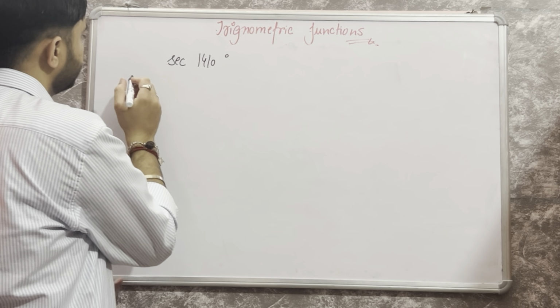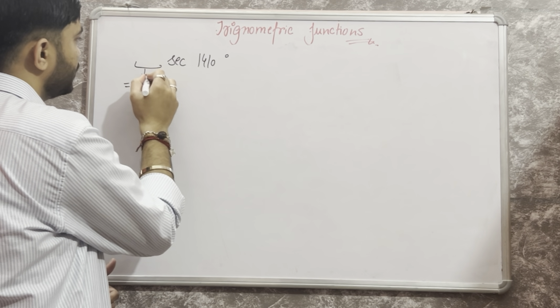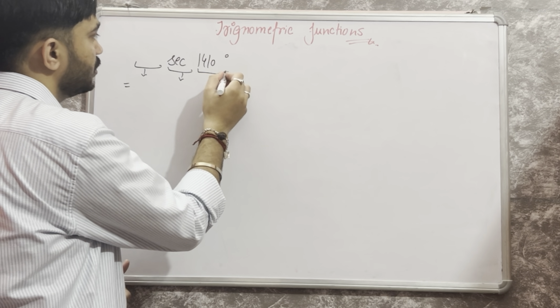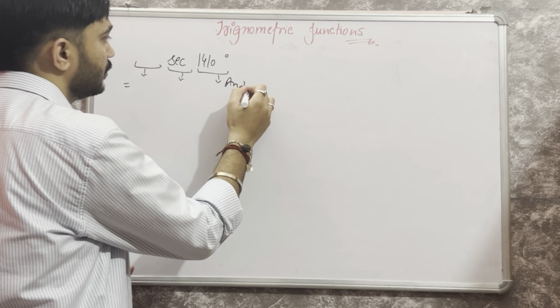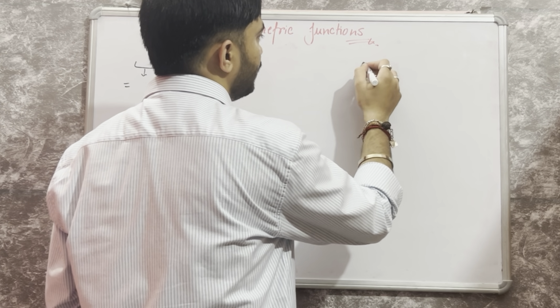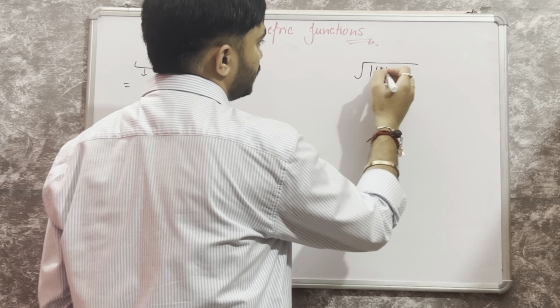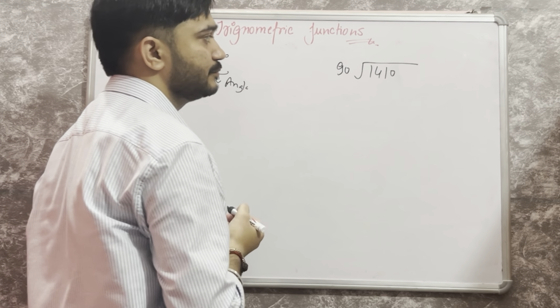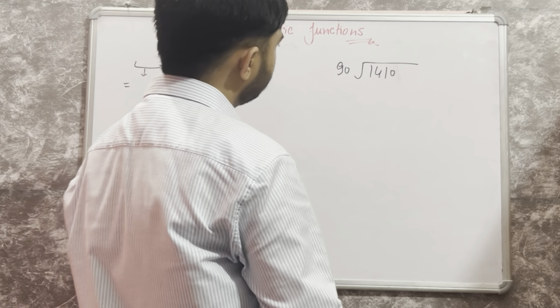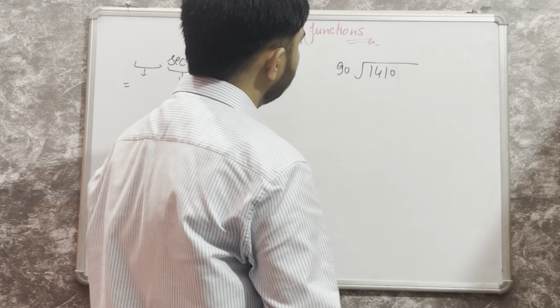So first direction, trigonometric function, angle. What we are going to do is divide 1410 by 90.